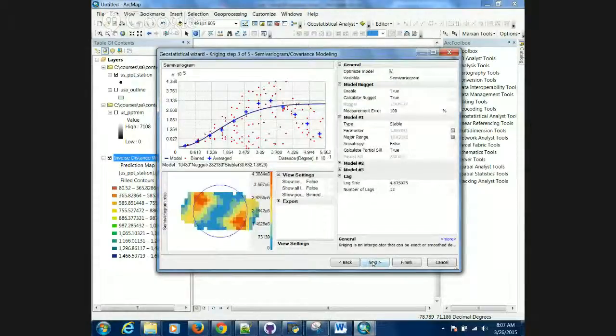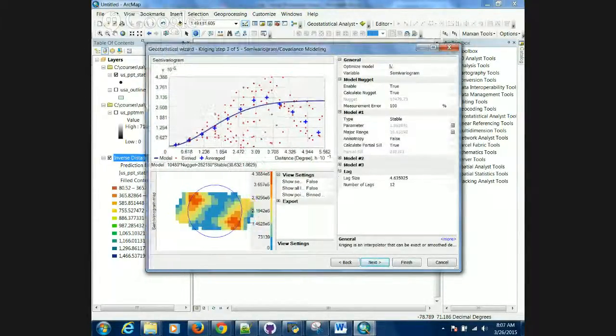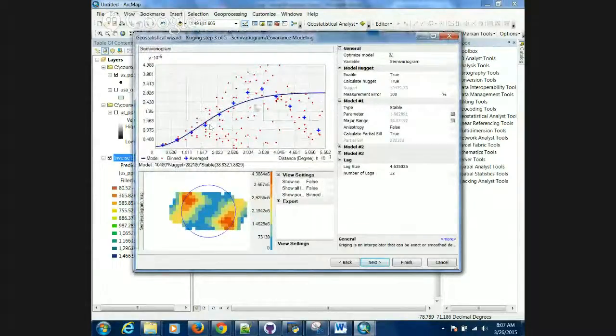And here we get our semi-variogram again. Here's the semi-variogram, and this is distance. This is the semi-variance.